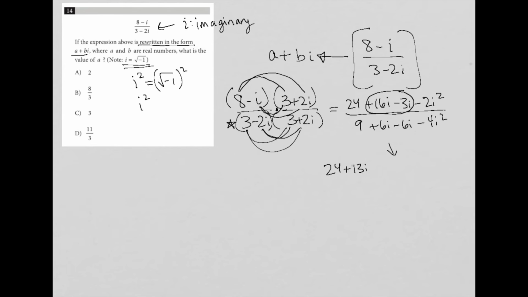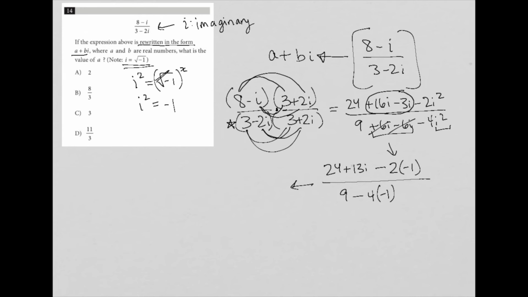So i squared is equal to negative 1 because the square here crosses out the square root. So that means that I'd have 24 plus 13i and then minus 2 times negative 1 all over. These two things cross out, positive 6i minus 6i. And again, I have another i squared here. So I'd have 9 minus 4 times negative 1.